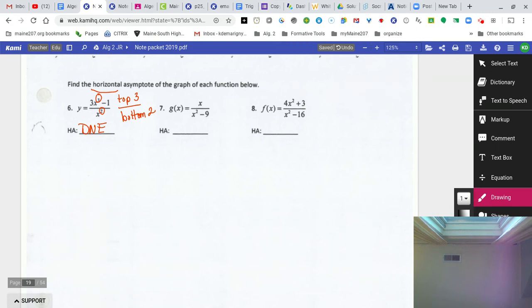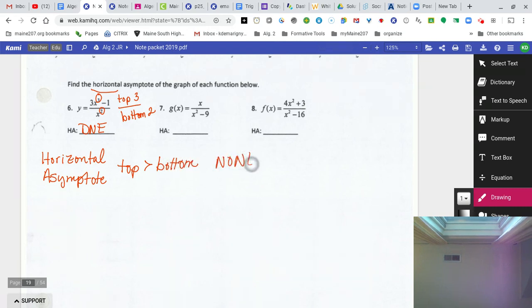There is no horizontal asymptote as the top is bigger than the bottom. So I can give you a quick rundown of that. For your horizontal asymptote, if the top degree is bigger than the bottom degree, there is none. If the top degree is smaller than the bottom, then it's automatically at y equals 0.